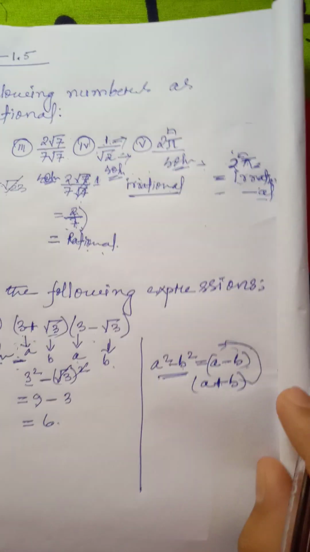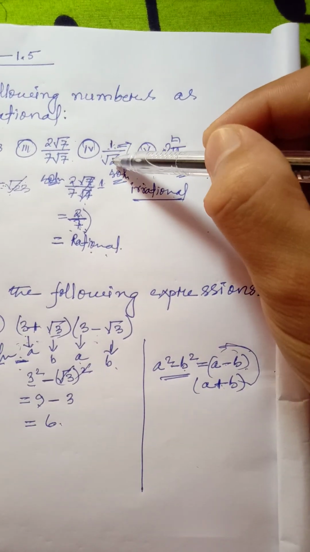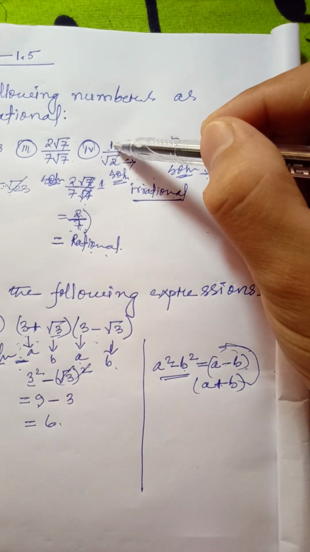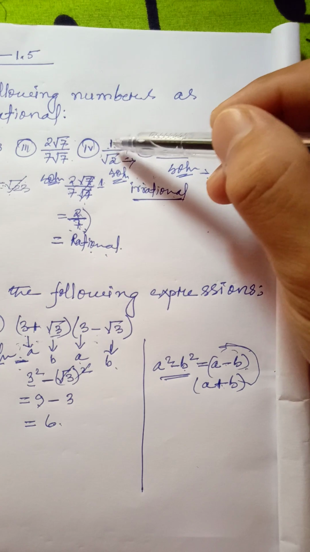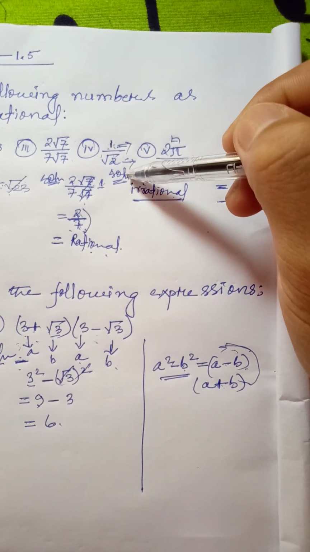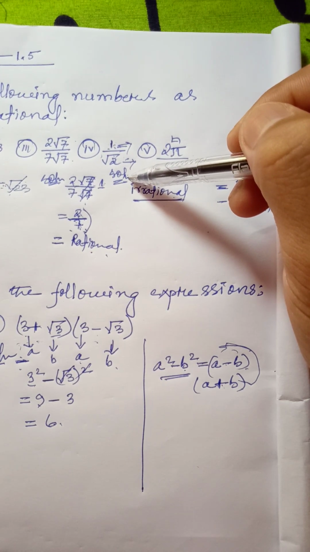Then let us move to Roman number 4. In Roman number 4 we have 1 by root 2. Root 2 is an irrational number, and 1 is a rational number. If we divide a rational number by an irrational number, the outcome will be decimal expansions that go on like this.